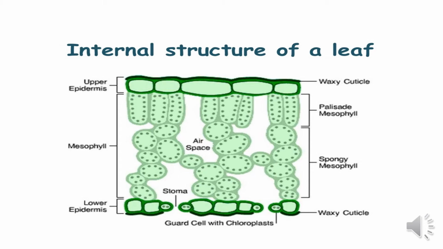And the last layer of the internal structure of the leaf is called the lower epidermis, and it has interruptions in it, called stomata, minute openings which are responsible for the evaporation of water in transpiration and the gaseous exchange process. So this is about the internal structure of the leaf, and all the tissues which make it up.